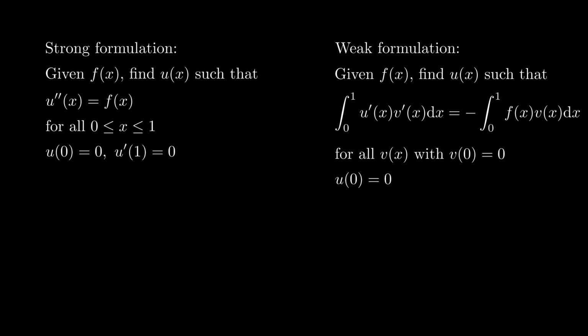And we further observe that our unknown solution function u of x appears with its second derivative in the strong form, but only with its first derivative in the weak form. Therefore, the finite element ansatz, which we could not substitute in the strong form, can be substituted in the weak form. So let's substitute the finite element ansatz into the weak form.